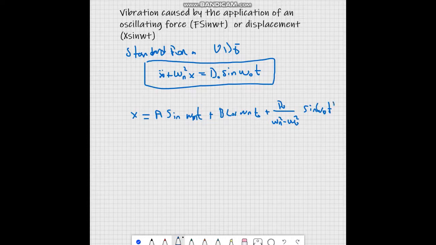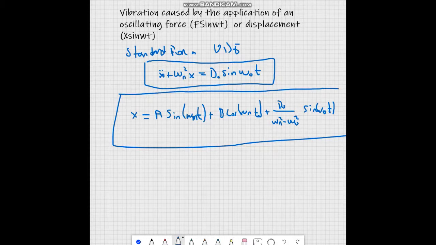Let's put this term in parentheses in order to not get mixed up. Okay, so we have a solution of forced vibration.